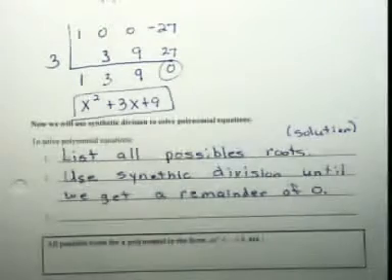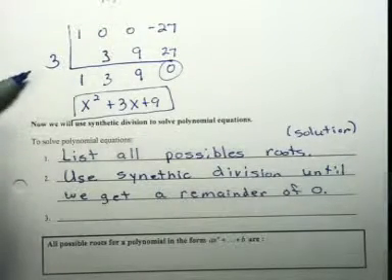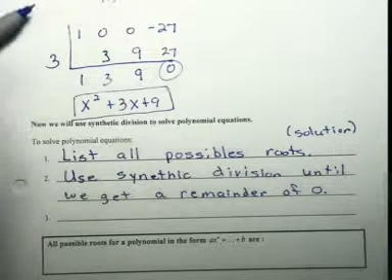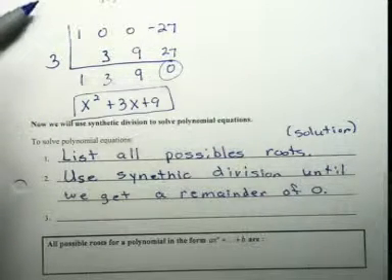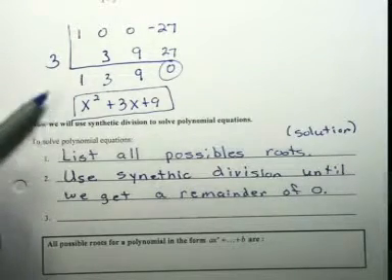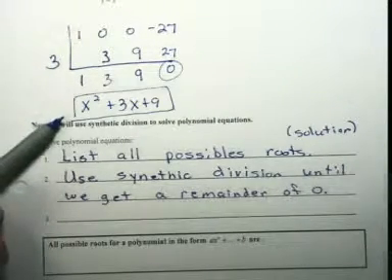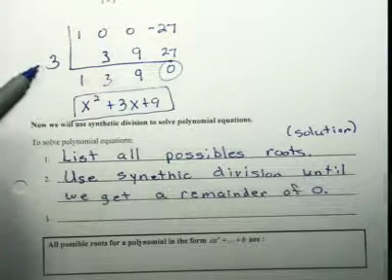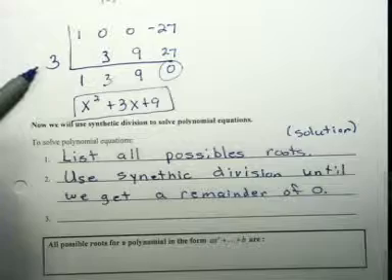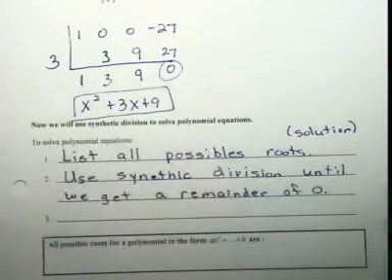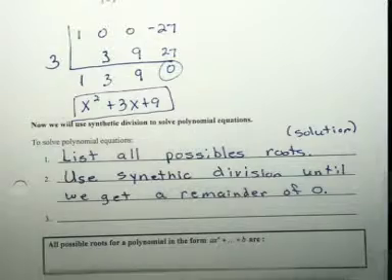When we get a remainder of 0, that says that this term divided into there evenly. So up here on this example where I divided by x minus 3, it divided into there evenly. If it divided evenly, that says 3 is one of the answers to the system. So as soon as we get a remainder of 0, that number is one of the answers.